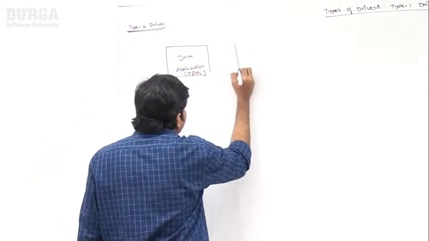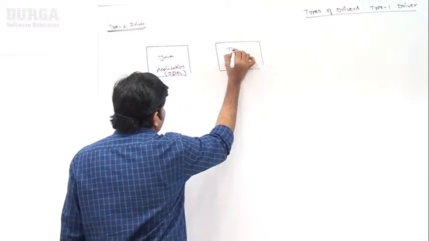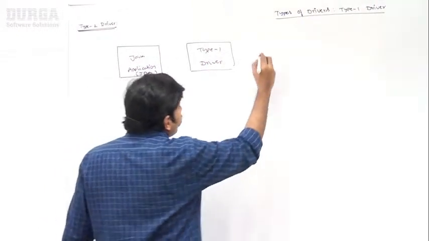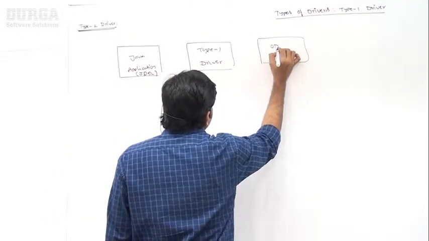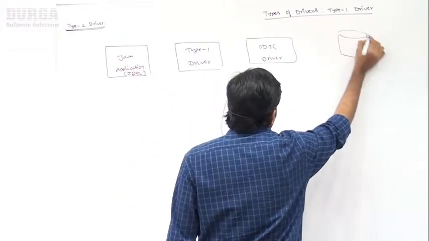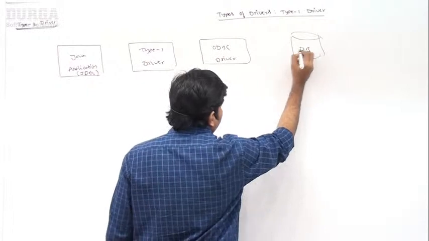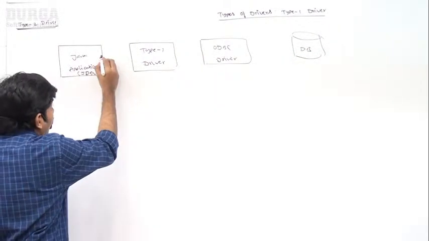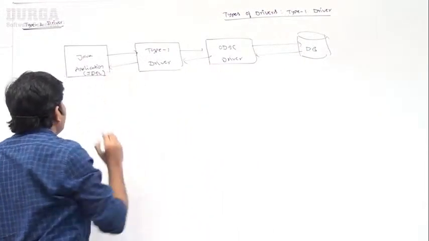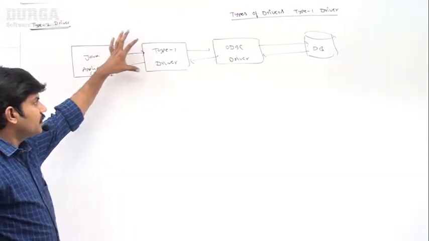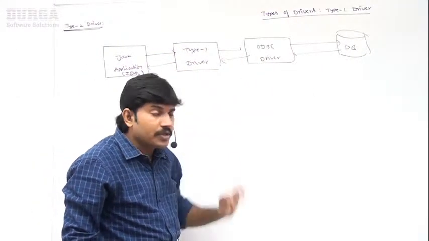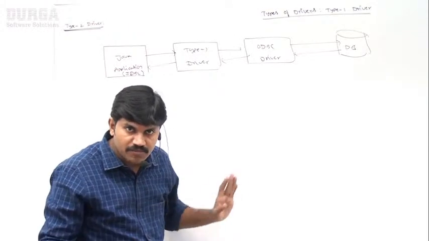Next, the Java application communicates with the type 1 driver. The type 1 driver internally communicates with the ODBC driver. The ODBC driver internally communicates with the database. This is the architecture of the type 1 driver. Just observe that carefully, sir. So the Java application communicates with the type 1 driver, the type 1 driver communicates with the ODBC driver, and the ODBC driver communicates with the database. You know this part, we already discussed it, right?